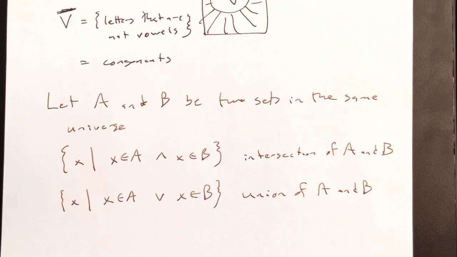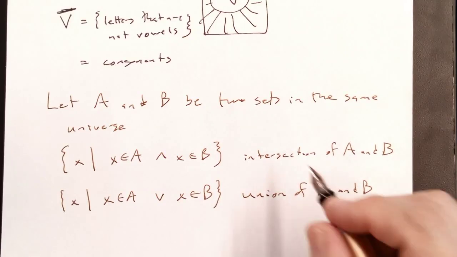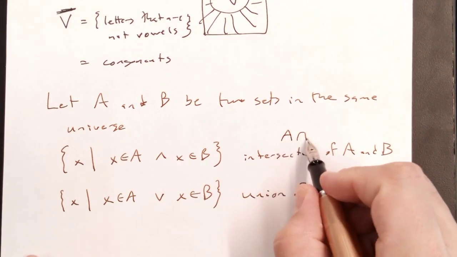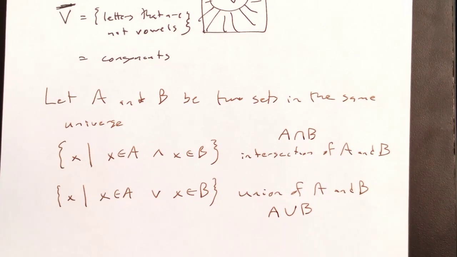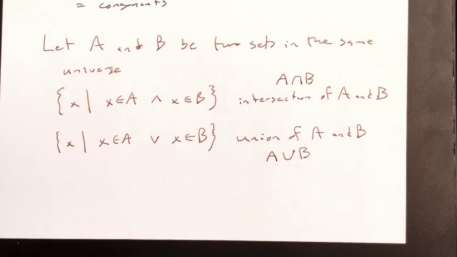The symbol for union is a rounded version of the symbol for or. I always remember it as the U in union and the N in and. But they match our other symbols, the wedge and the V, the same way.